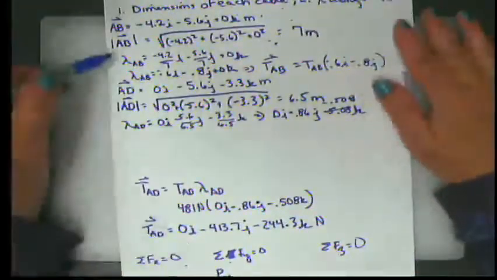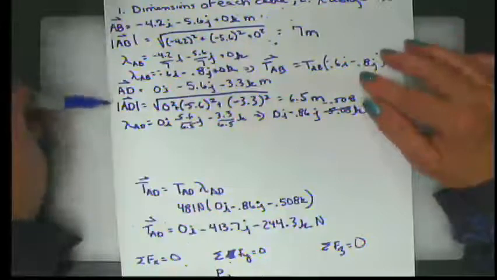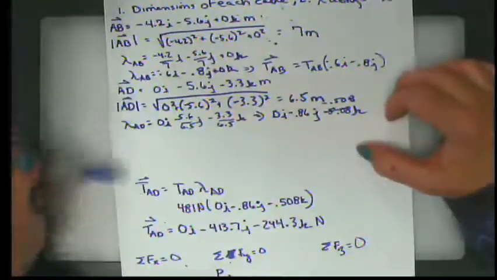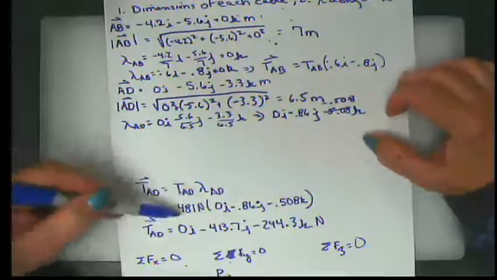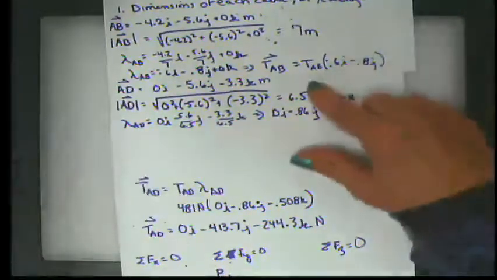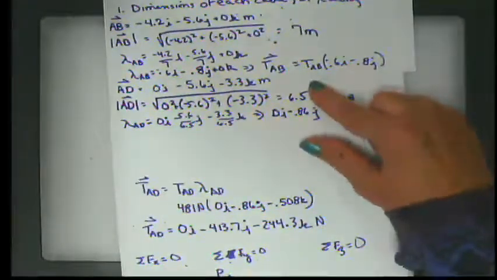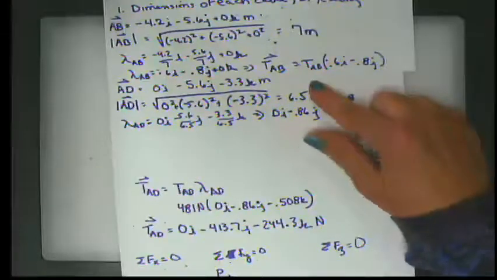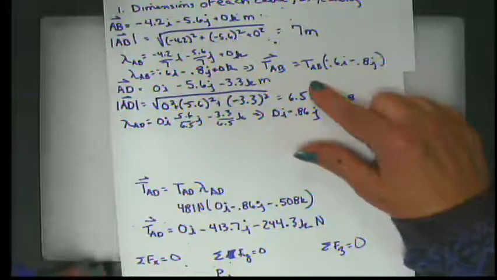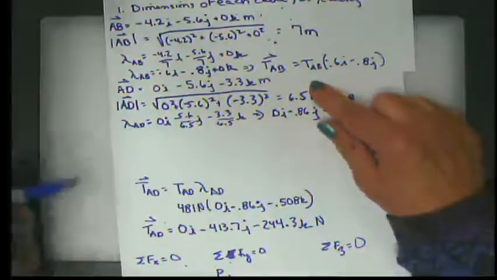I just didn't do it for AB and AD. I just did it for AB and AC. I did it for AD because I had a value, but I still need to put that. I don't know what the value is, but I do know that it's the magnitude of the tension AB. You could do it below, but I was trying to stay organized so that it would look good in your notes. So I will continue with that.